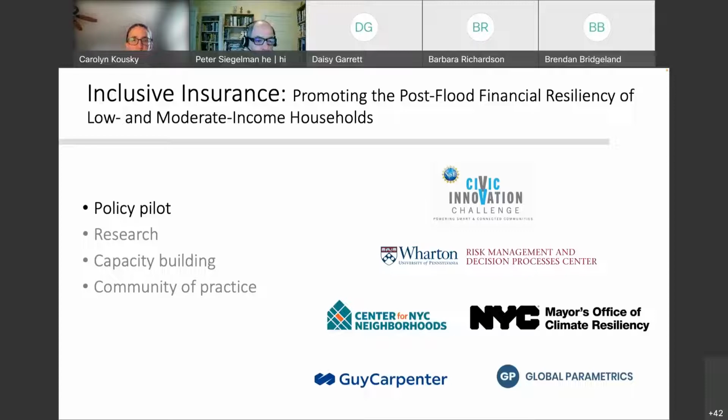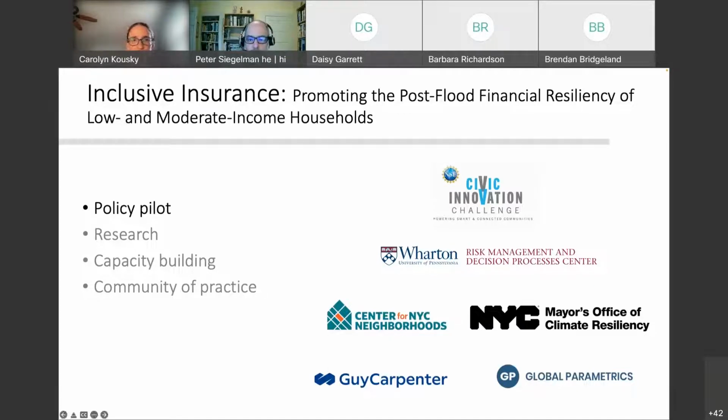It's a partnership of all the groups you see on the slide here. We are piloting a parametric insurance approach. And as part of the project, there's also some research, some capacity building activities, and helping build a community of practice around these concepts in the city.